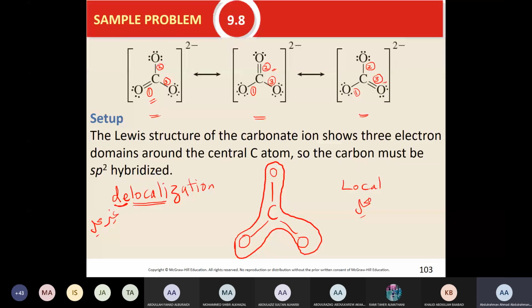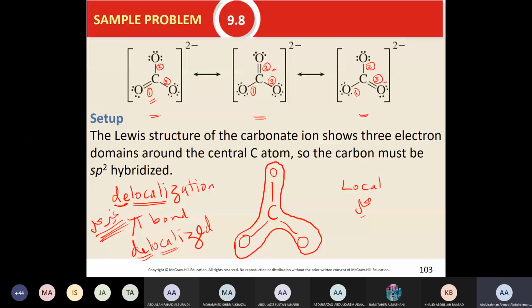It will be delocalized. The pi bond is delocalized. What does delocalized mean? It does not have a certain place. It's all over.